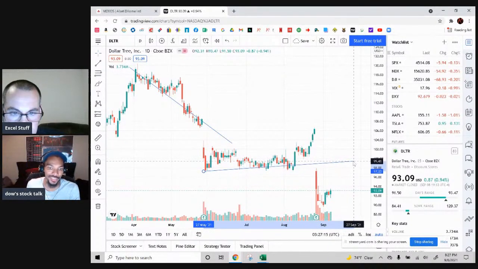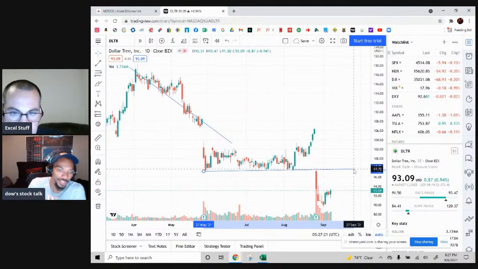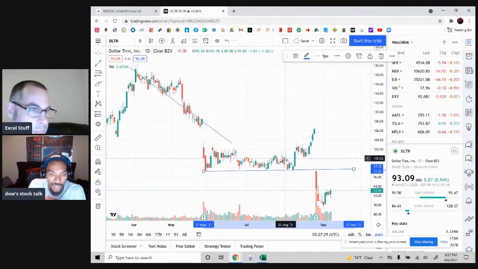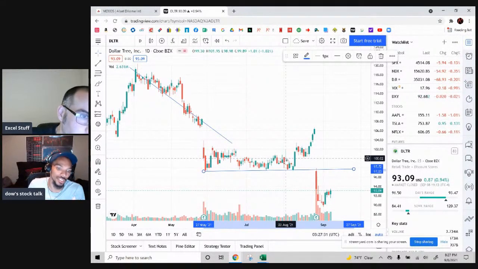Go down some more, some more, stop. So right there. What I was looking at is, whenever I see a lot of candles touching and then it bounces back up, that could let me know that's a strong support. So it held that support for about 3 months.